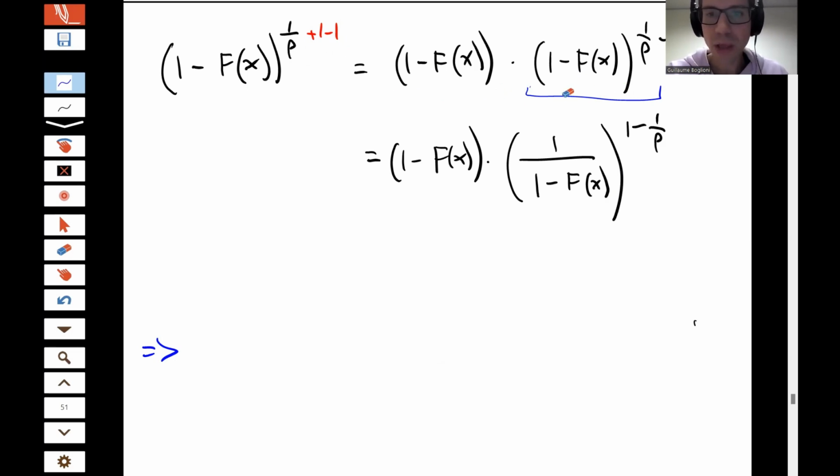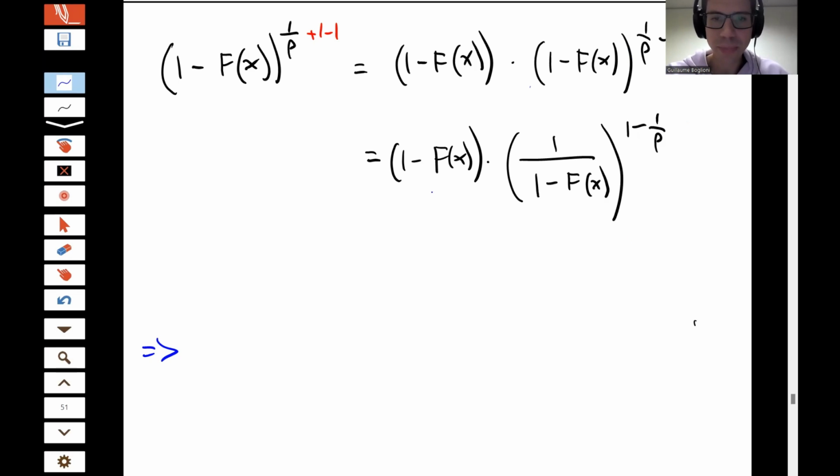Then 1 minus fx is 1 divided by (1 minus fx) to the power of minus 1. If I put the minus 1 here, it reverses, of course, so it's going to be 1 minus 1 over rho.